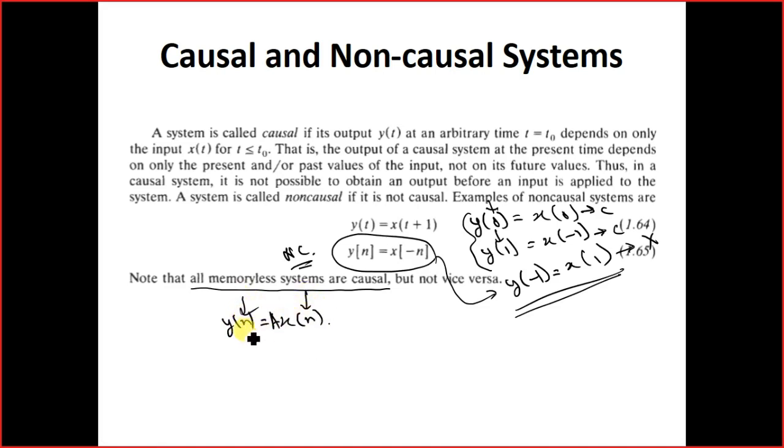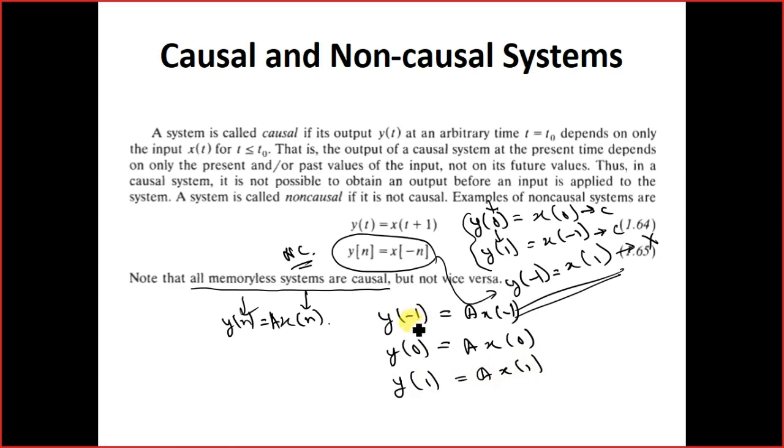So the time indices will always be the same. Whether it is y of negative 1, it will be a times x of negative 1. If it is y of 0, it will be a multiplied by x of 0. If it is y of 1, it will be a times x of 1.